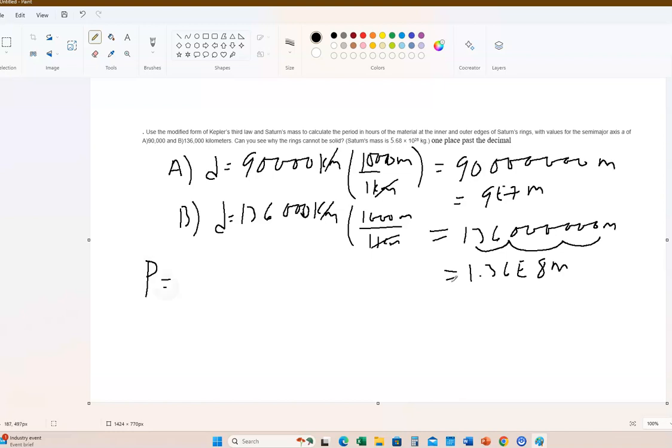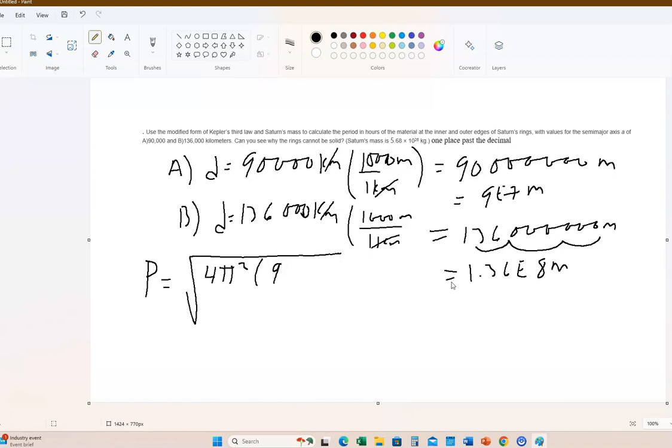So the period is equal to the square root of, and remember the period's going to come out in seconds, right? 4 pi squared times, so we're going to multiply by each of these distances. I'll start with the first one.